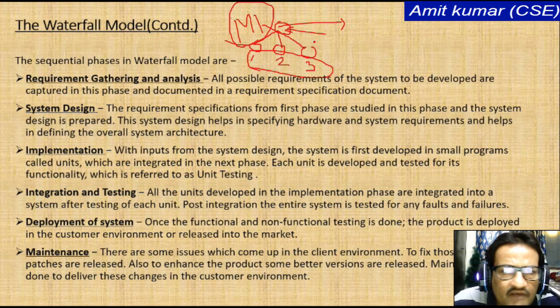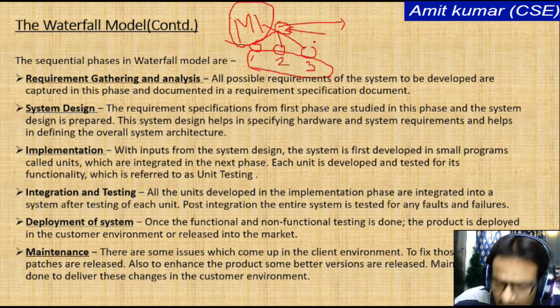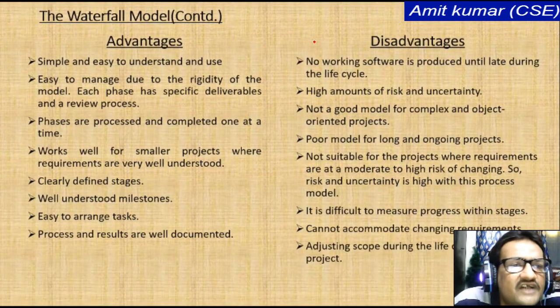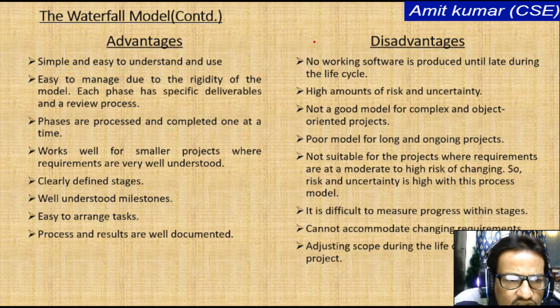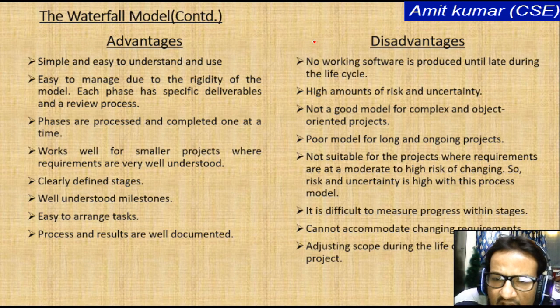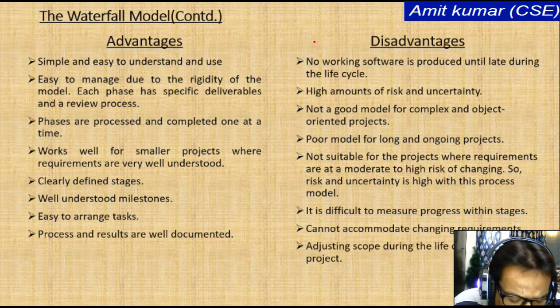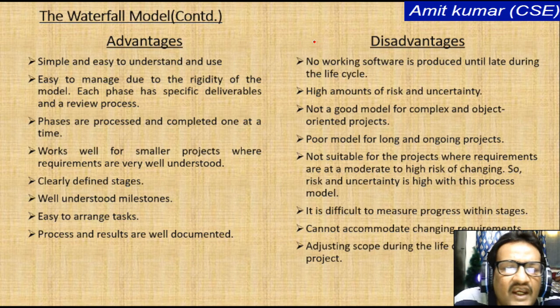There are some advantages and disadvantages of the waterfall life cycle model. The first advantage is that it is easy to understand, and being rigid, we can identify where each phase ends and where each phase starts.